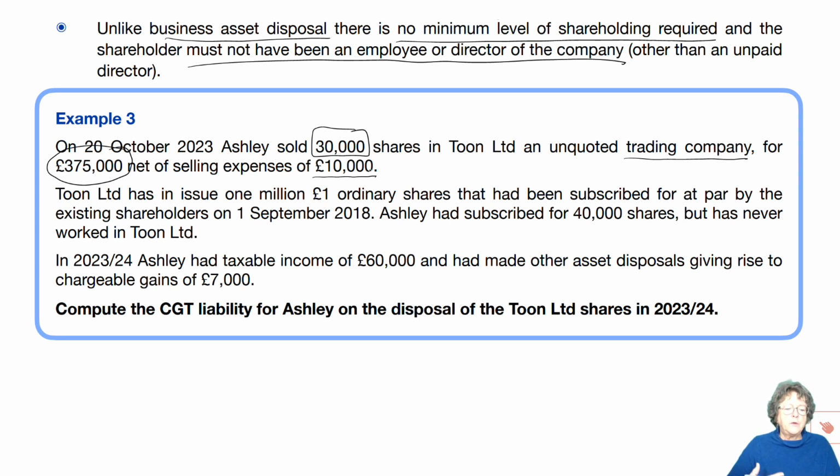Okay, so it's 375 net of those expenses. Now there is £1 million worth of shares in issue. They are at par. That means face value. It's after the deadline date, and she bought 40,000 shares and she's never worked there.